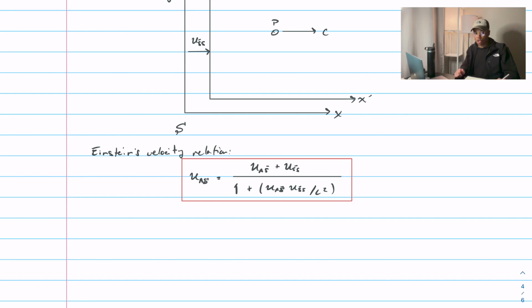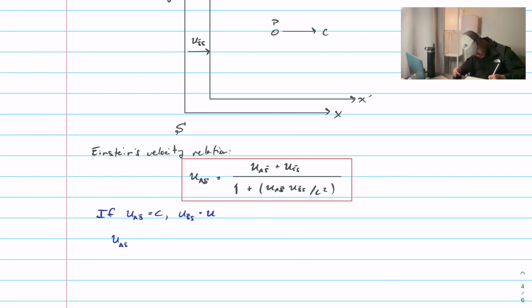Now, how do we know for sure that this works? Well, let's try it out. If the velocity of this object A in the moving reference frame S bar is equal to c, and the velocity of the moving reference frame with respect to the fixed reference frame is just some arbitrary u, we plug this in and see what we get.